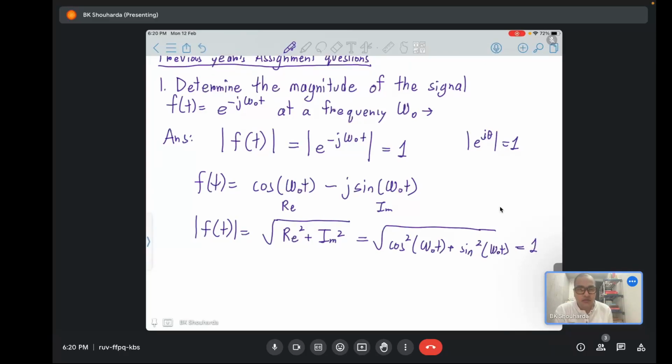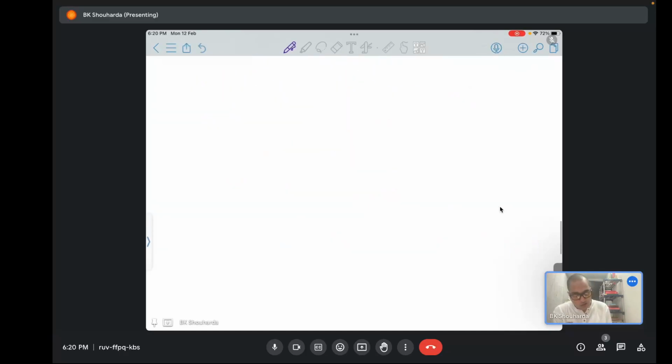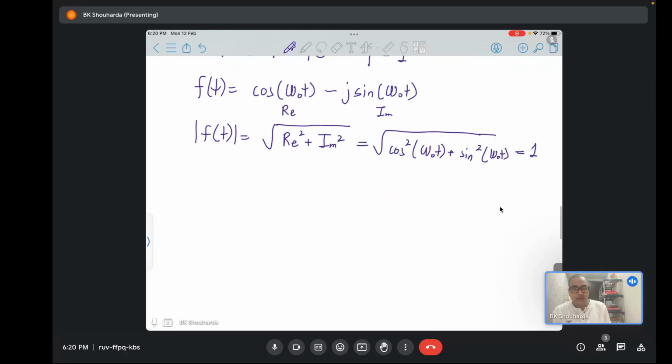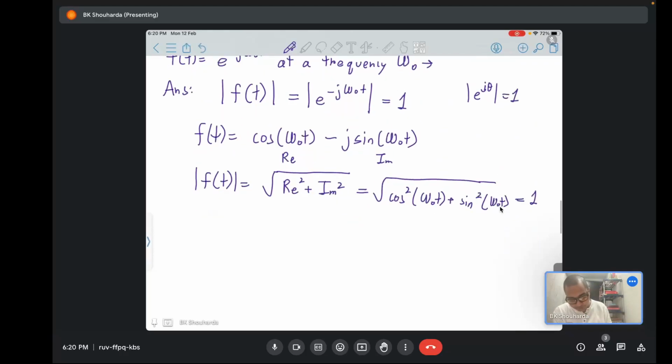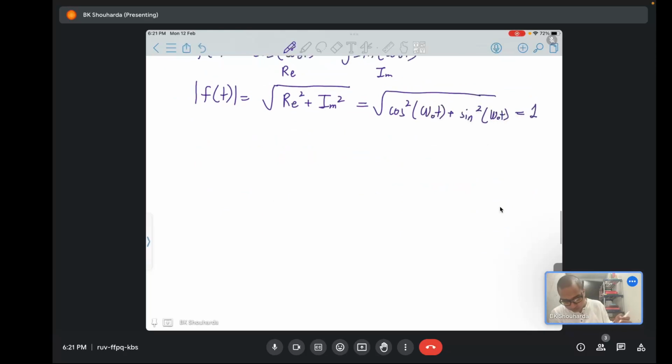That is the magnitude of the signal asked at a frequency omega naught. Now let me show you in a different way. Let me answer this from the perspective of the Fourier transform. Let's say you have the constant signal x of t equal to 1.